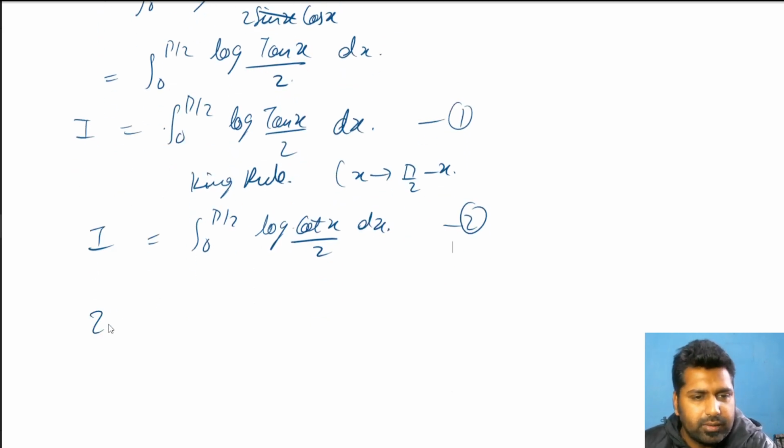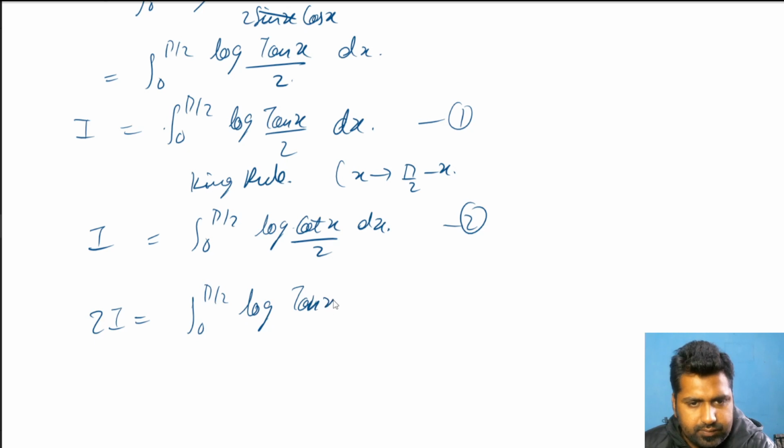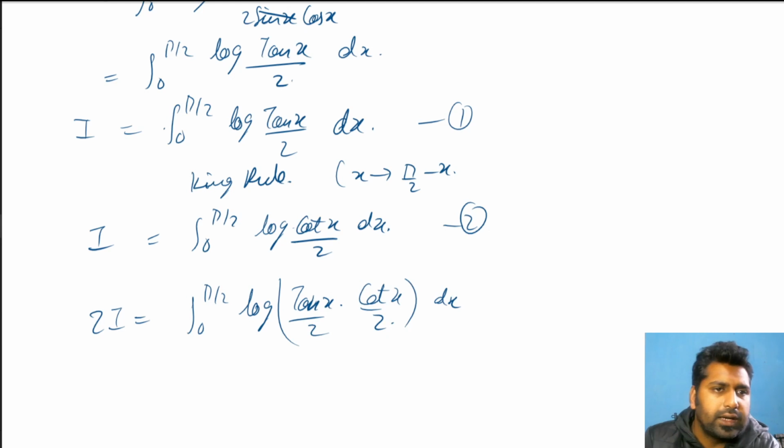Actually the same thing is going to happen even if you split it. 0 to pi by 2, log a plus log b is log tan x into cot x upon 2 upon 2 dx. Tan and cot is 1 by tan, so it will cancel.